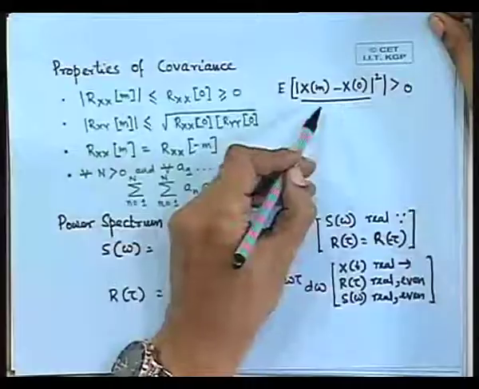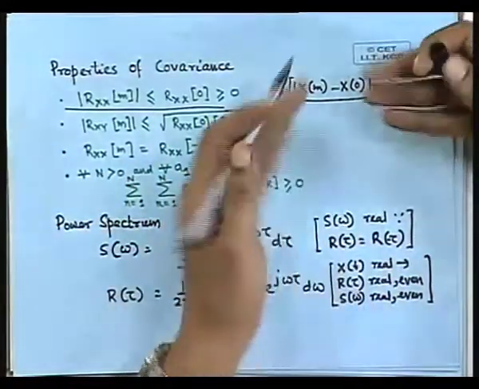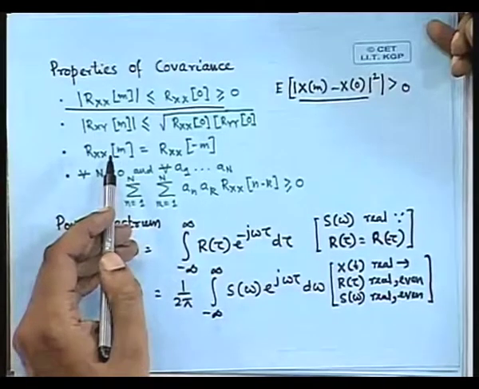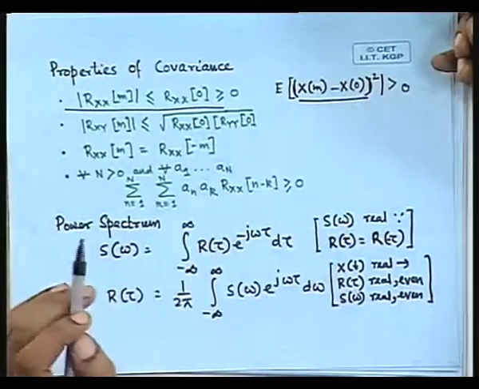So if you take an expectation of an all positive quantity, then its expectation must be positive, right? So given this, to prove this is simple, just open the bracket. In fact, you don't need to put a magnitude, you can just put simple square.